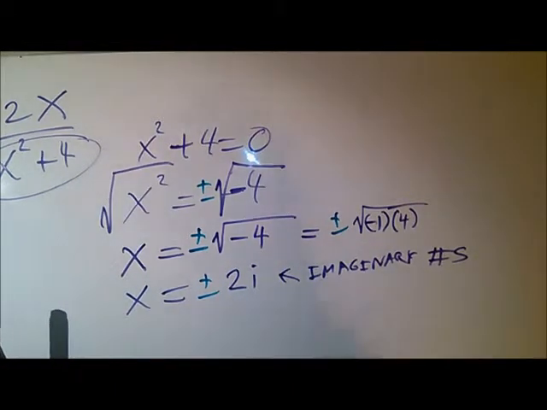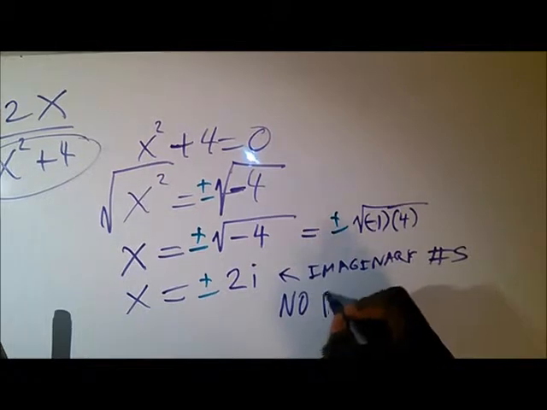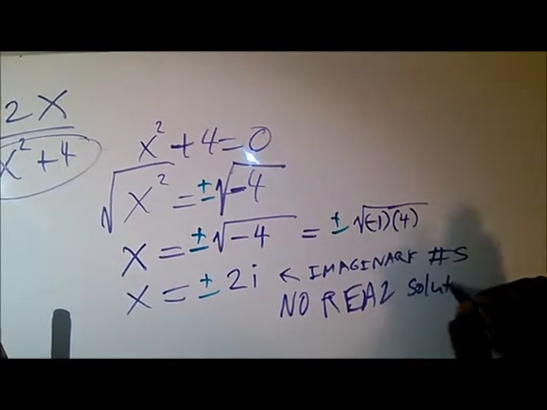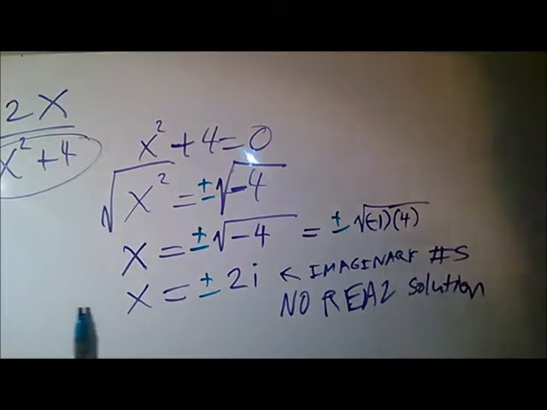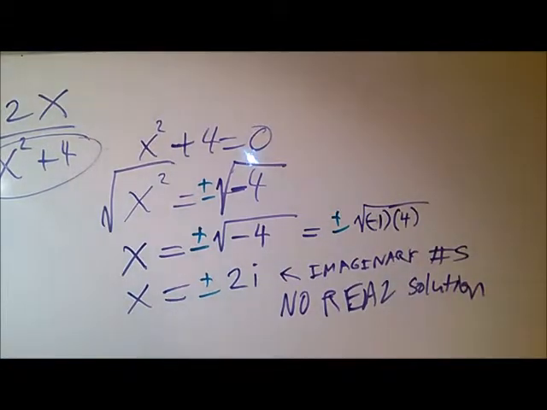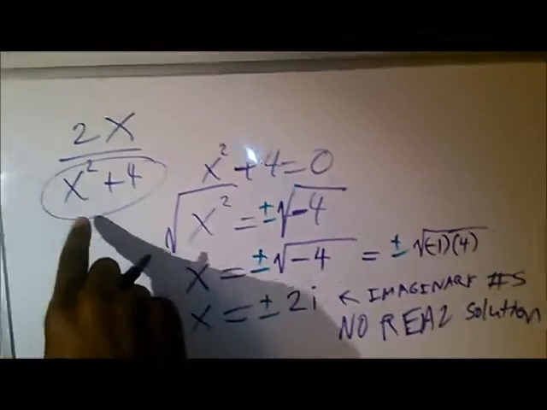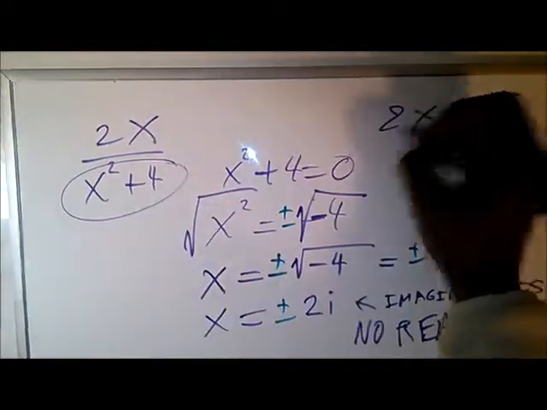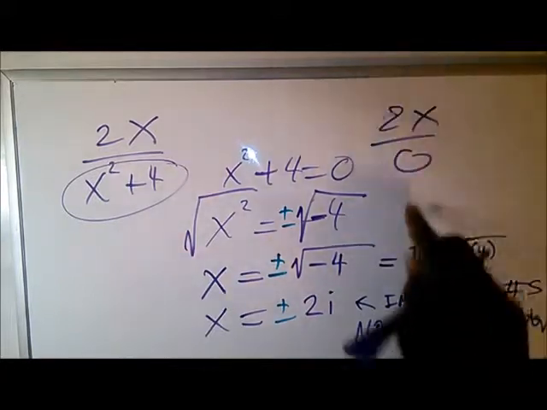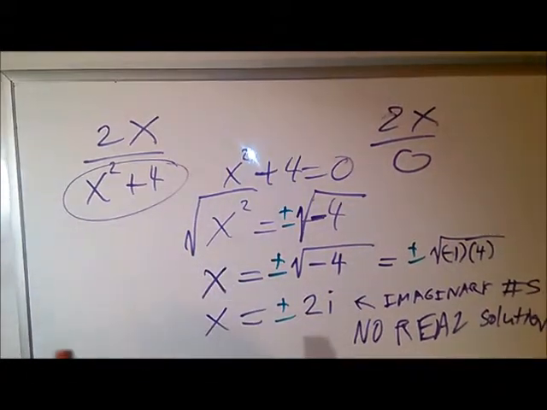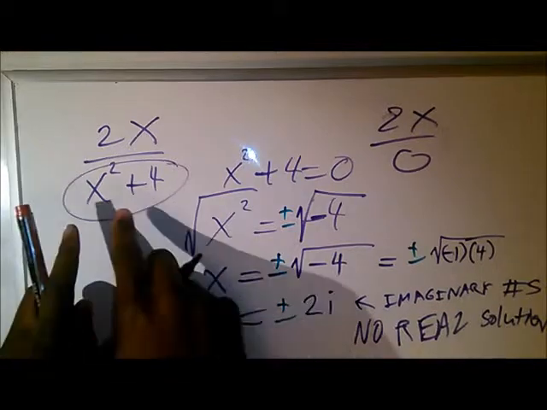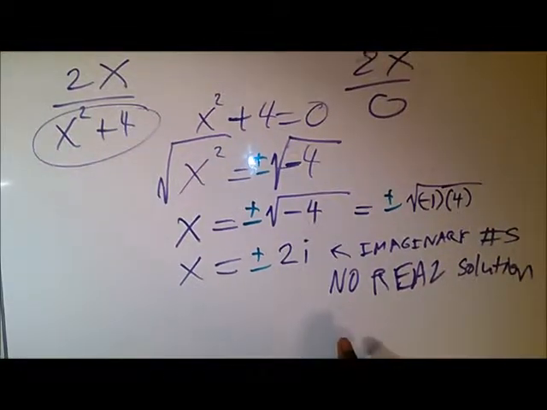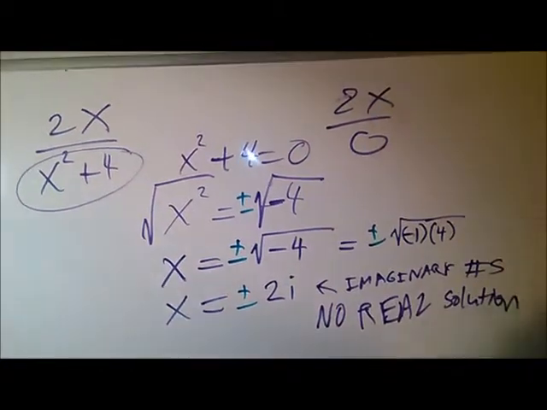So in this case, there are no real solutions. That means they don't exist. There's nothing you can put in for x that will make 2x over the denominator equal to 2x divided by 0. There are no real solutions for x, there are only imaginary solutions, so you can't make it 0.